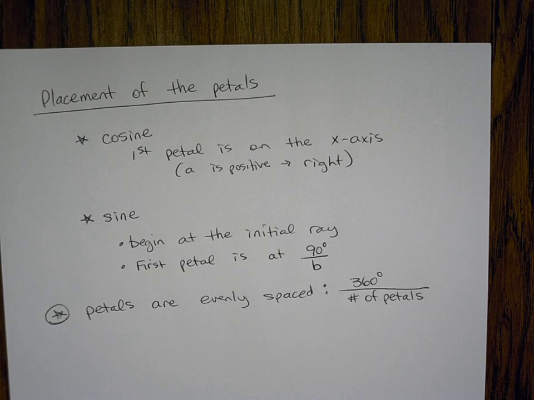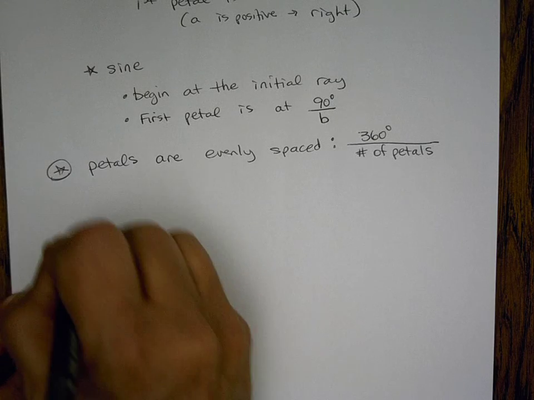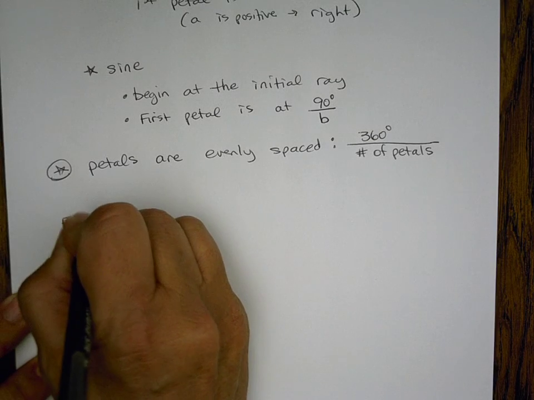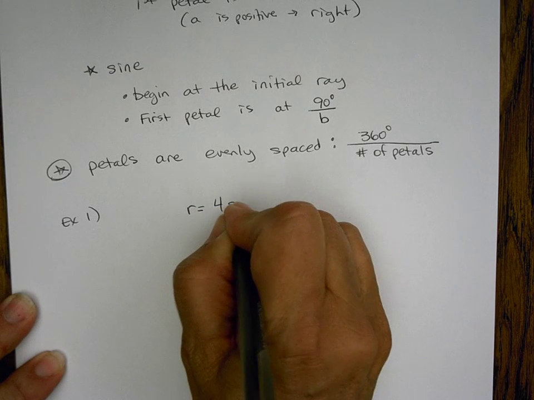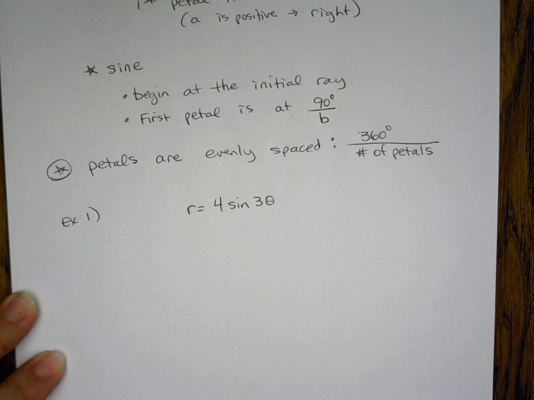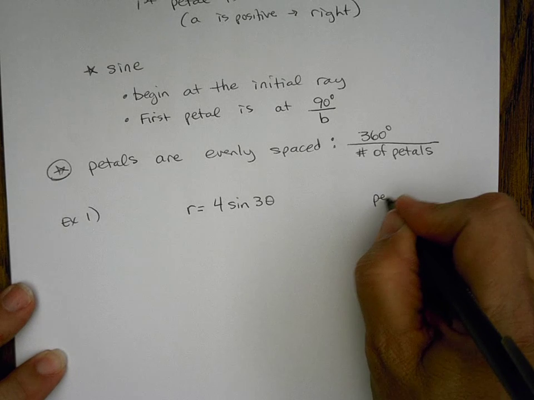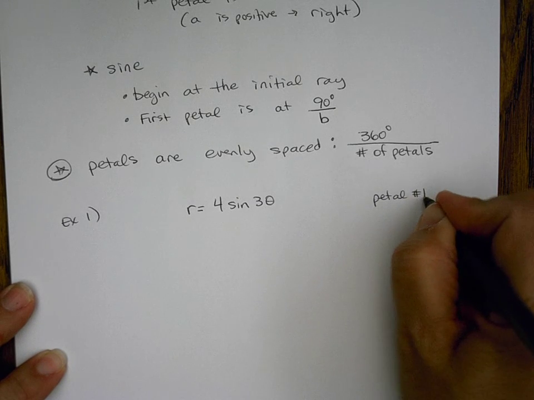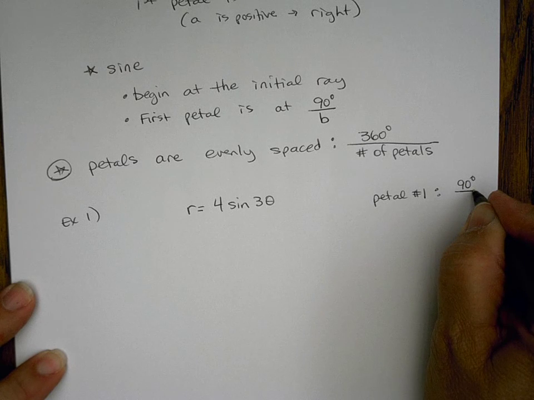So we'll do some with actual graph paper, but I'm going to go ahead and just put that as a sketch right here. Example 1. If r equals 4 sine 3 theta, then petal number 1 is going to be at 90 degrees.